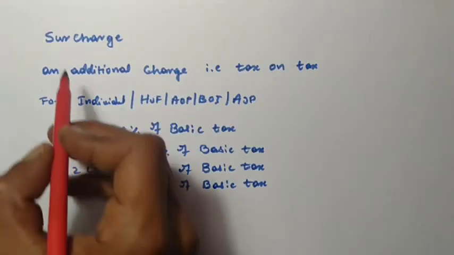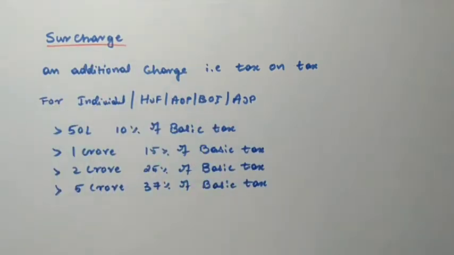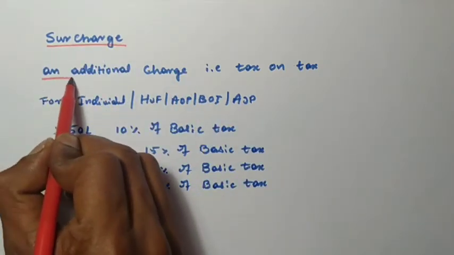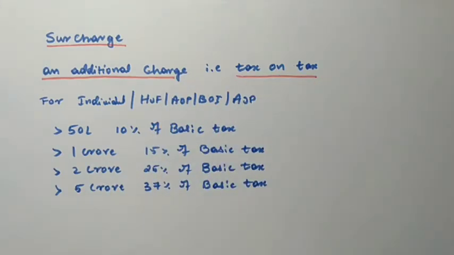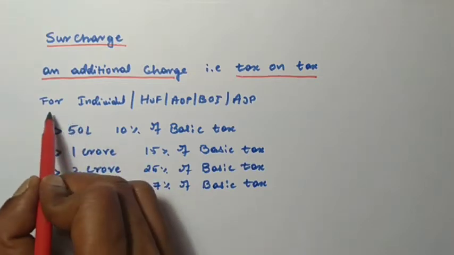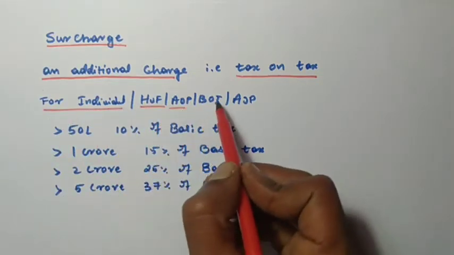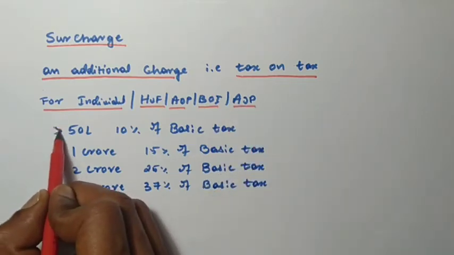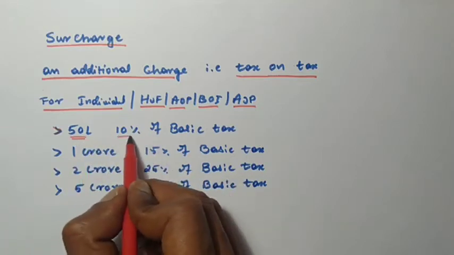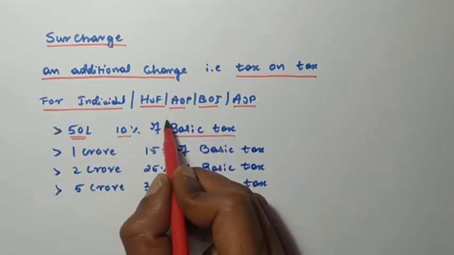So, next we have surcharge. What is surcharge? Surcharge is an additional charge, that is tax on tax. If a person earns more than a specified limit, government will levy an additional charge. It is called surcharge. For individuals, HUF, AOP, BOI, AJP, if their income exceeds 50 lakh, 10% of basic tax.